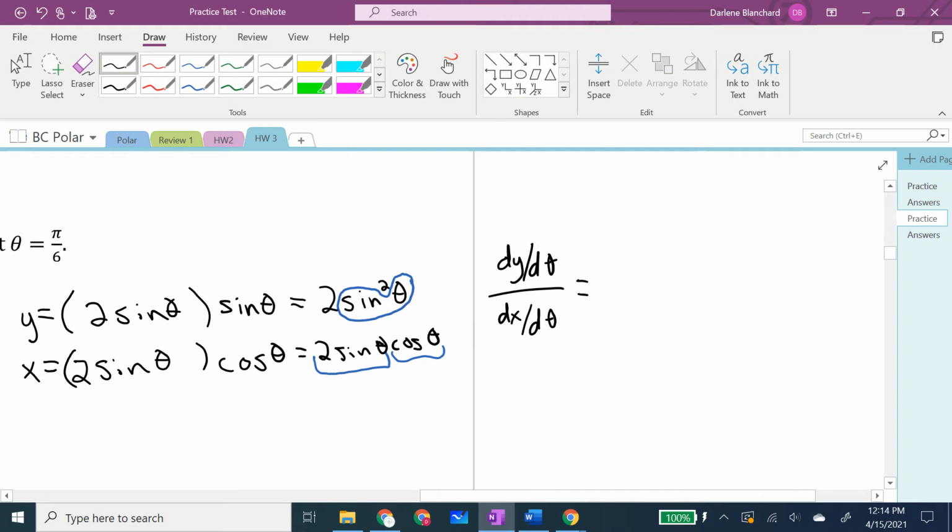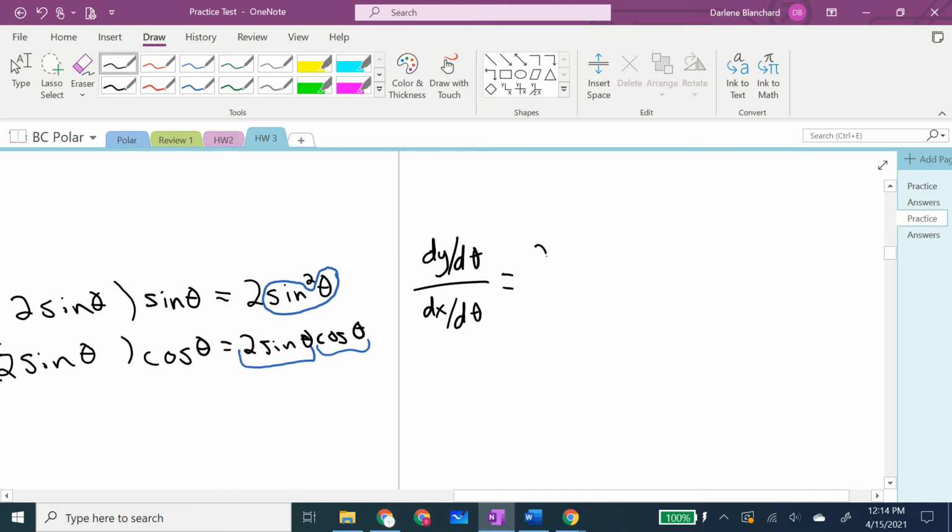So for dy d theta, if you have constant multiple 2, and then you're taking the derivative, it's blah squared. Derivative of blah squared is 2 times blah. Give mommy her baby and multiply by the derivative of that baby, and chain rule is done.